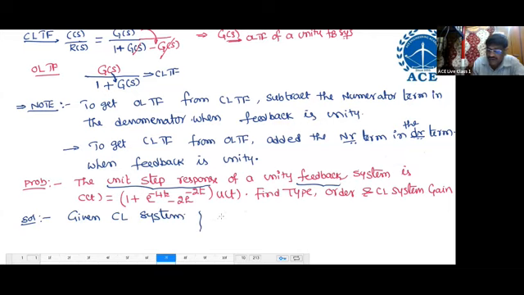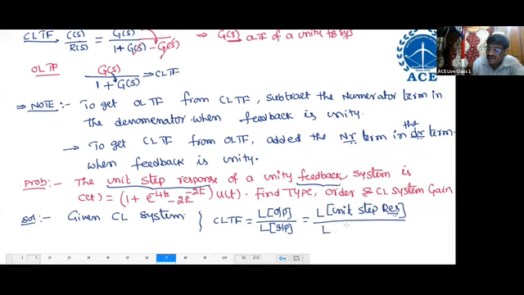So closed loop transfer function equals Laplace of output by Laplace of input. What is the output? Unit step response. Laplace of unit step response divided by Laplace of unit step.